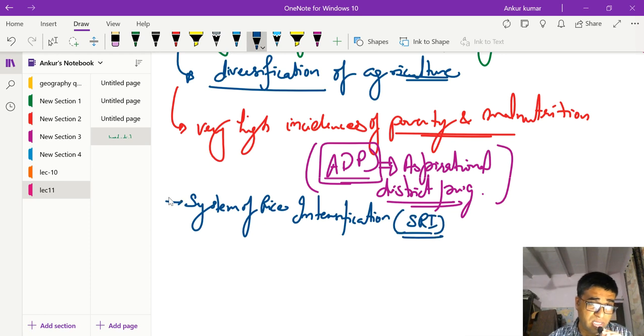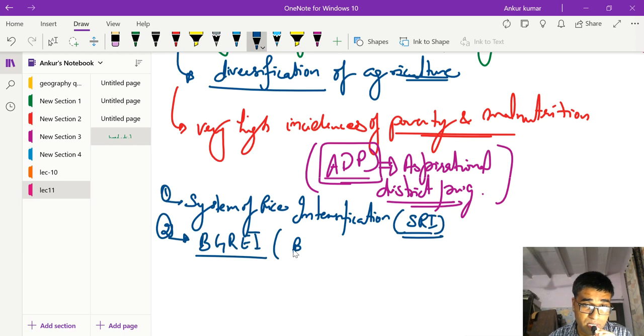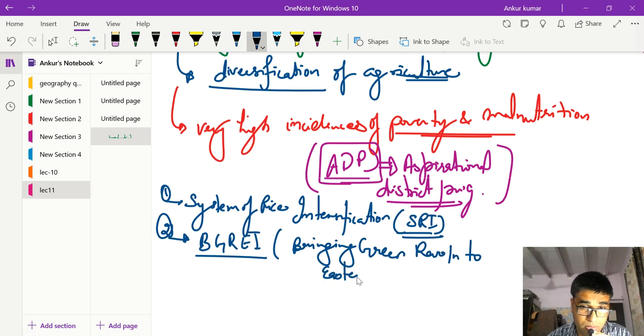The other thing that can be done is bringing the green revolution to eastern India. This program of the government of India has to be modeled on modern lines, not on the lines on which we did the green revolution.